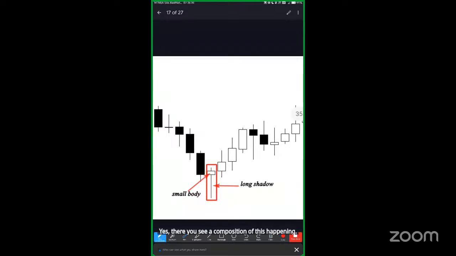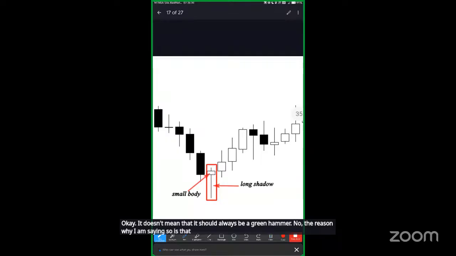This hammer can be a red hammer. It doesn't mean that it should always be a green hammer. No. The reason why I am saying so is that the price can come down here. The price opened here, then it came down here.